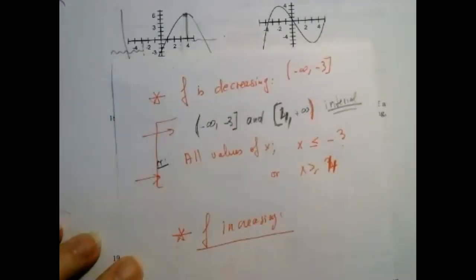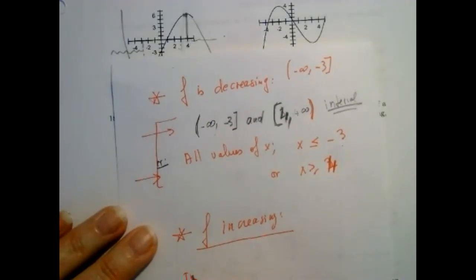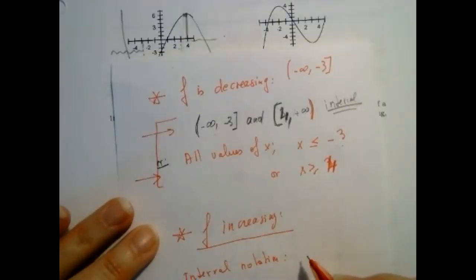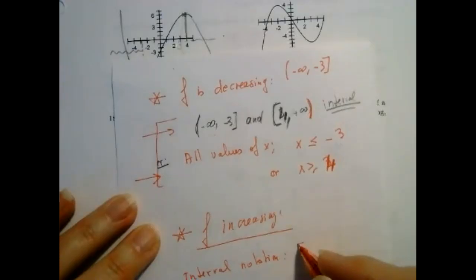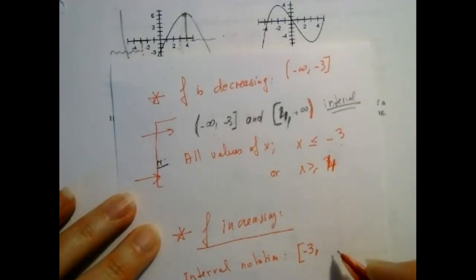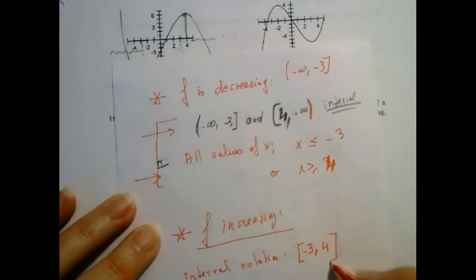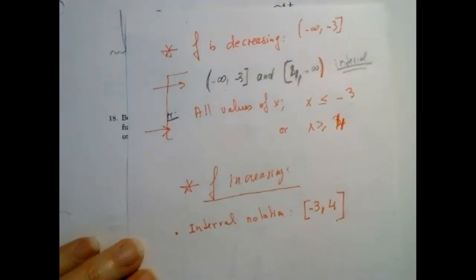Right. So how do you want me to write it? If I use interval notation, what do you want me to write? It would be from -3 to 4, close the bracket. Okay?